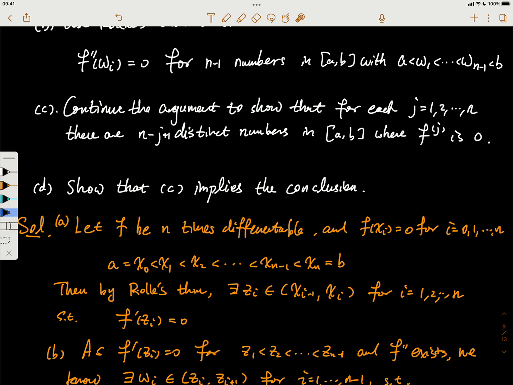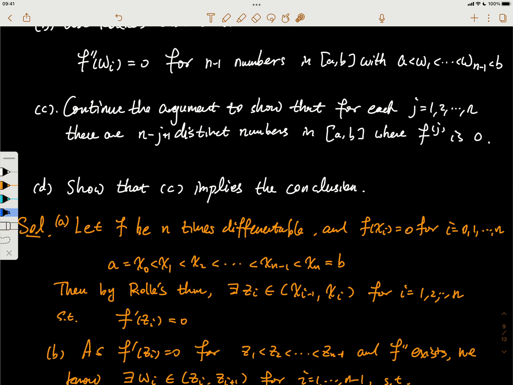So how do we prove that? In the first step, because the function f takes value 0 at its n plus 1 points, there are n intervals. x0, x1 can form an interval, x1, x2 can form an interval, and on each of these intervals, f is 0 at the two endpoints.